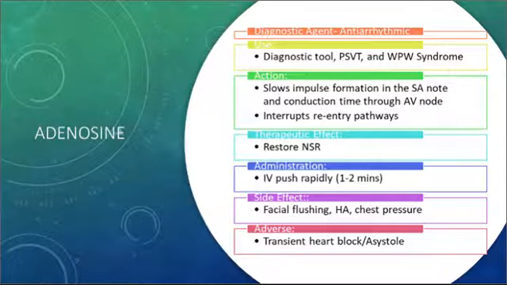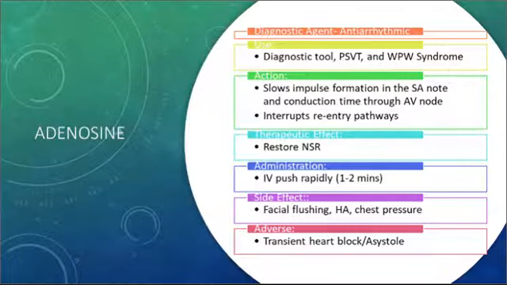Don't worry about which class it is. It can be diagnostic. It can be used to treat paroxysmal supraventricular tachycardia or just an SVT and Wolff-Parkinson-White syndrome, which I'm not going to go into, the WPW syndrome.